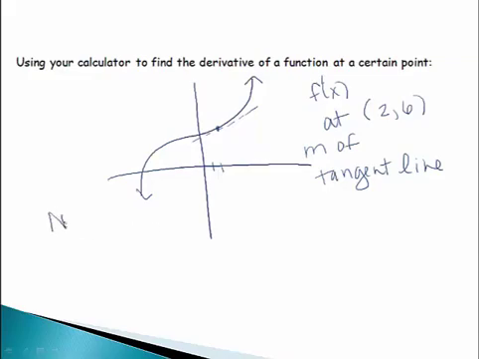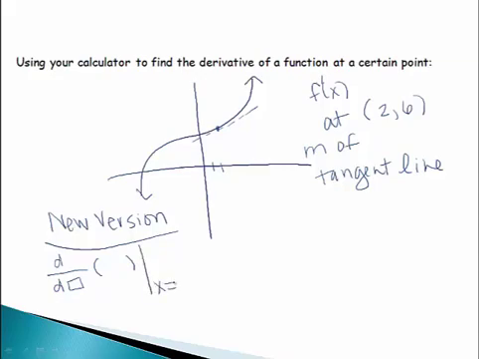Now, the newer version, when you type in the correct button, I'm going to tell you in a few minutes, yours is going to look exactly the way it looks in the books. So it's going to give you something like this, and you're going to put in the correct variable here, which would be x for all of our problems on the calculator.